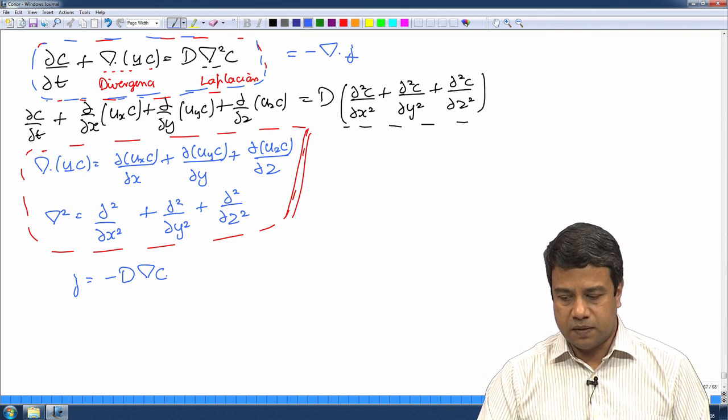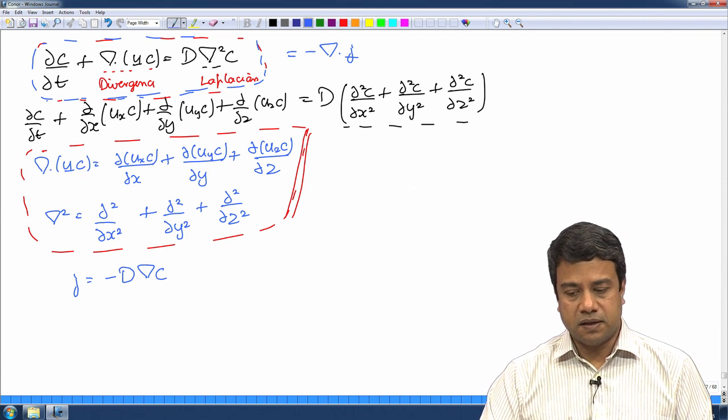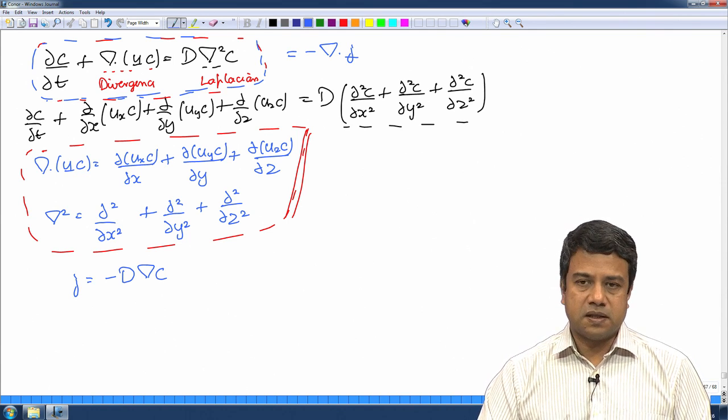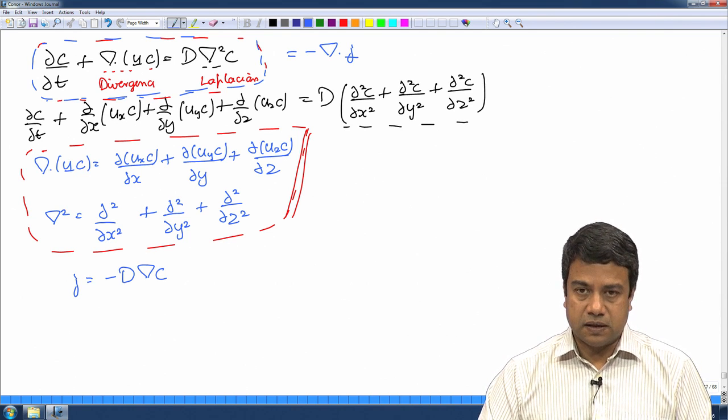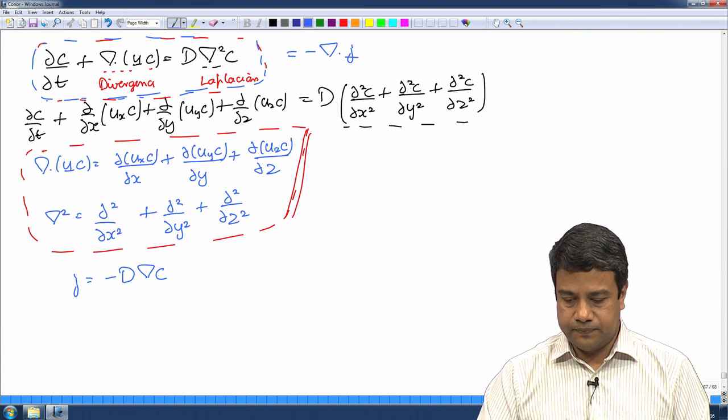Based upon that, we had got an equation which contains the divergence of the velocity times concentration on the left side and the Laplacian of the concentration, del dot del, on the right side. So, that is the conservation equation.